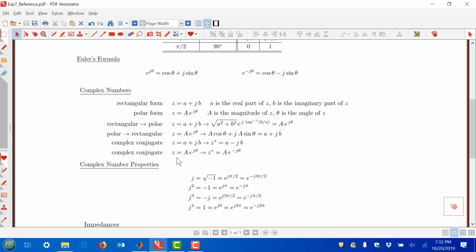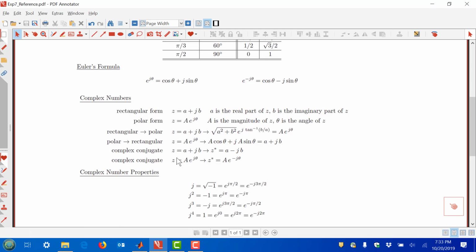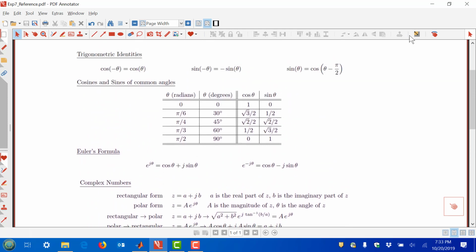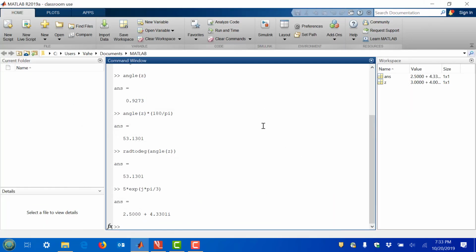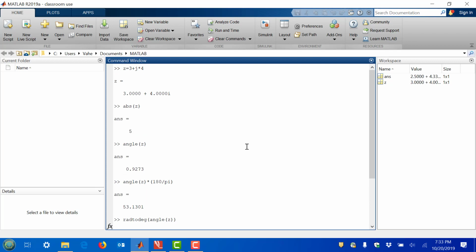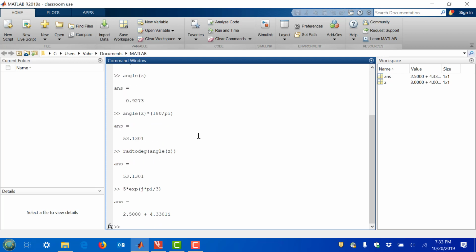Pretty much everything is here as a reference for you, but just remember that the rectangular and polar forms represent the same complex number in the real-imaginary plane. That's one thing to know, and you should be able to go back and forth between them pretty easily. What I'm showing you here are the built-in functions that you can easily do that with. Okay, I hope that's clear.